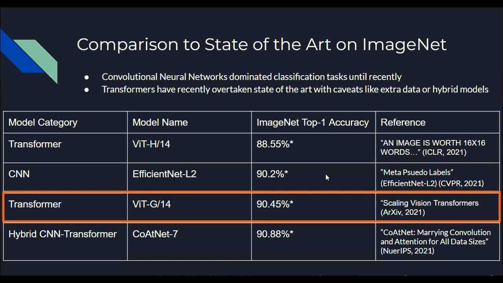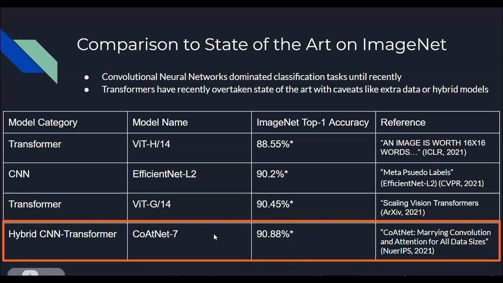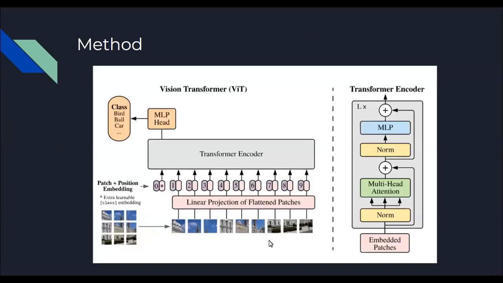There was an improvement to this ViT paper published in the same year, which bumped their accuracy up to 90.45 with a similar model. And then also looking at a hybrid architecture that uses both a convolutional network in the front half and a transformer in the back half, currently has the highest reported score for classification on ImageNet, which is at 90.88.